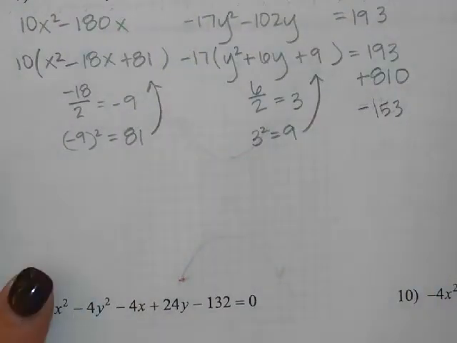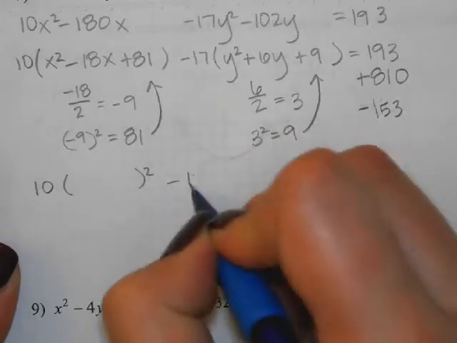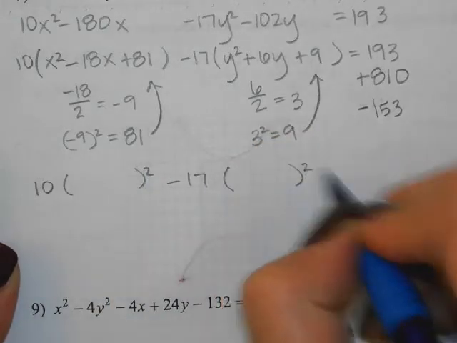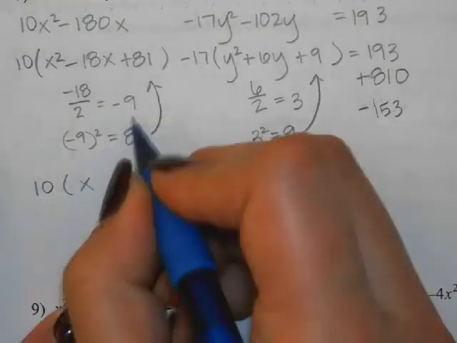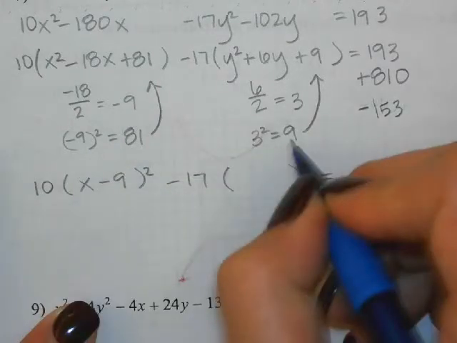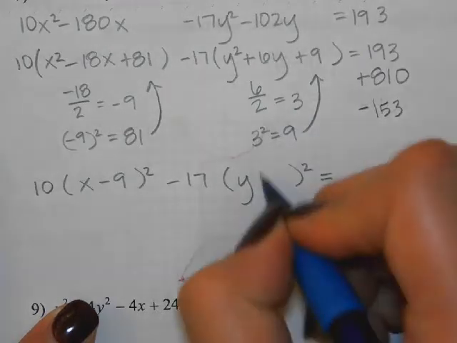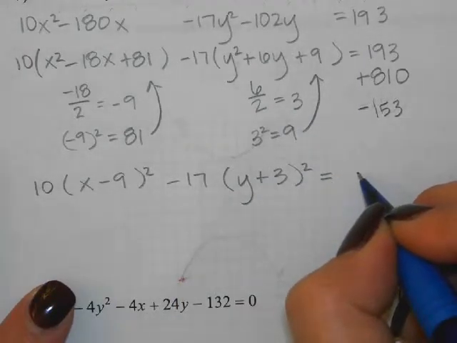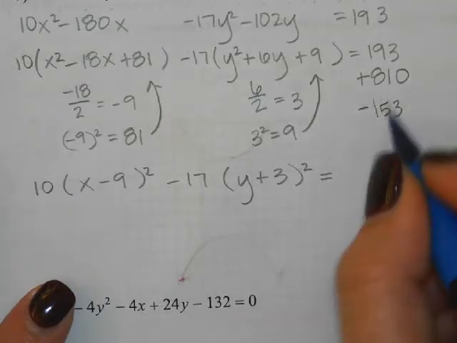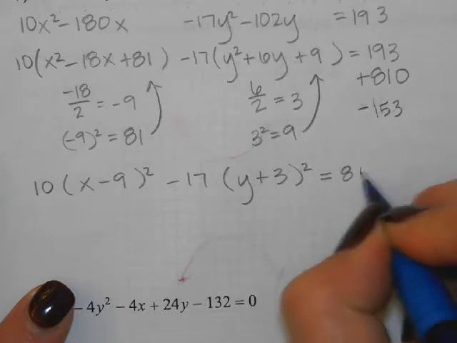Okay. So we have 10 something squared minus 17 something squared equals something. X minus 9, y plus 3, equals 850.